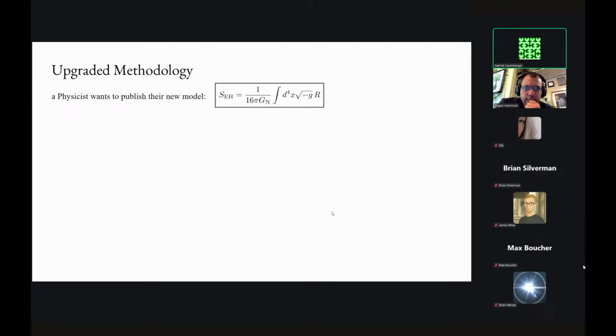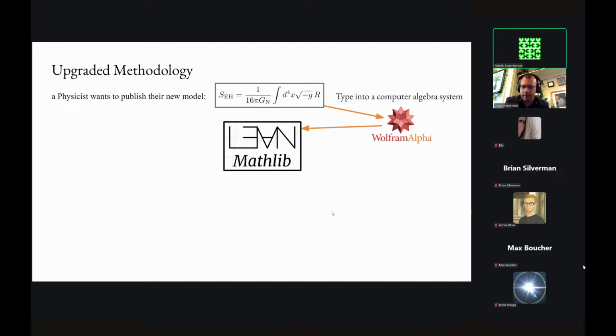You start from some mathematical formula that you want to publish, for instance the Einstein-Hilbert action as an example, and then you would type the formula into some computer algebra system, such as Wolfram Alpha, or some other system, and then that would access the Lean math library, which is also used by the greatest living mathematician, apparently.